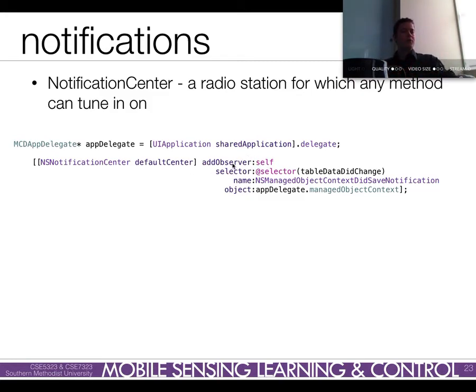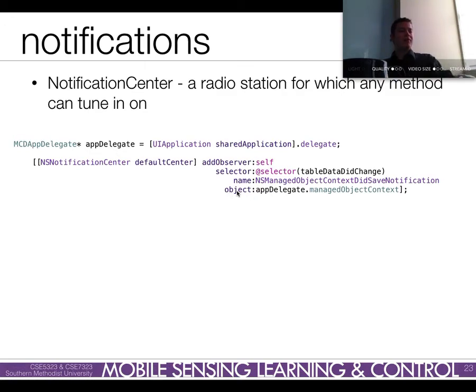So right here, what I'm doing is adding an observer, which is myself, the view controller that I am. I want to receive messages, or I want to tune into this radio station, for whenever my NSManagedObjectContextDidSave notification fires. So whenever something is saved inside of my database, I want to make sure that I alter what I'm showing on the screen, right?